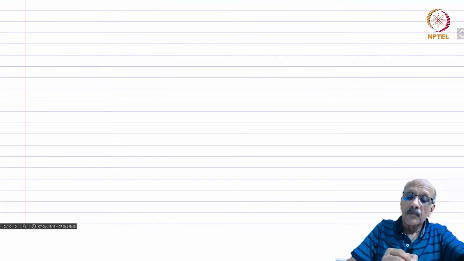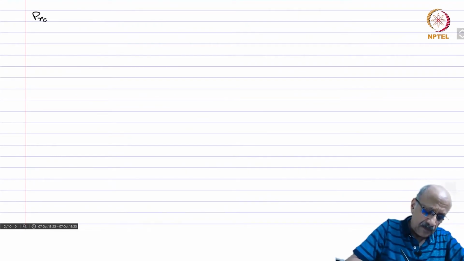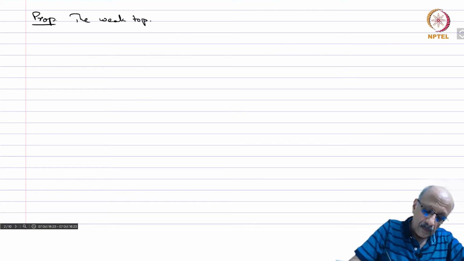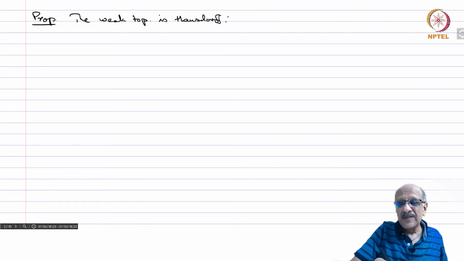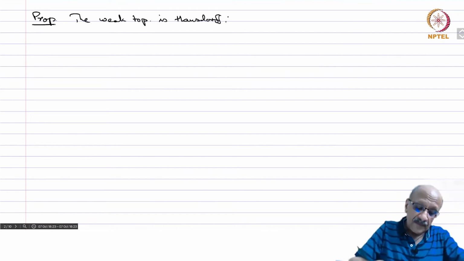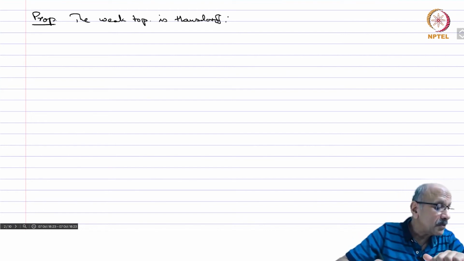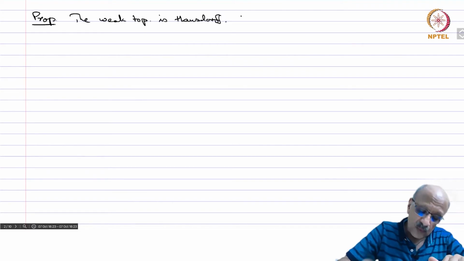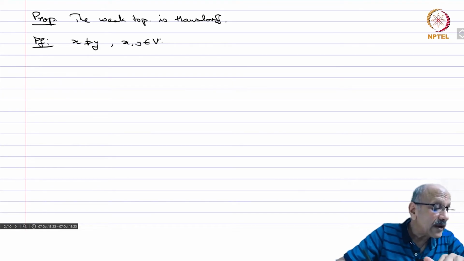First proposition: the weak topology is Hausdorff. It's important because when we defined even a topological vector space, we always wanted the topology to be Hausdorff. So let us take x, y in V. We want to have disjoint neighborhoods.